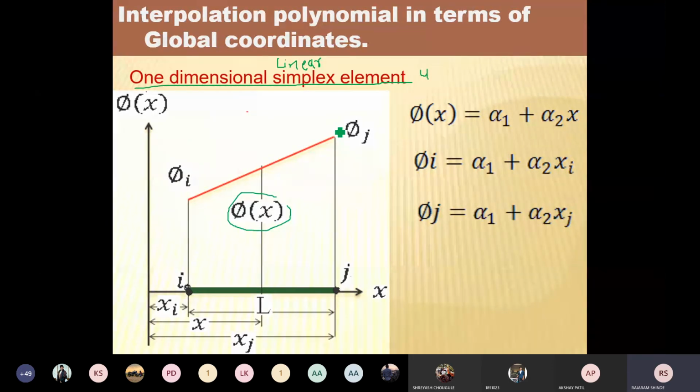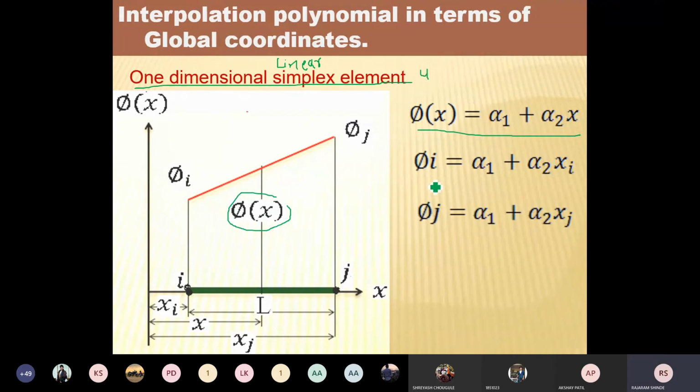This field variable varies with the equation alpha 1 plus alpha 2 x. As it is linear, we are using a linear interpolation polynomial. Here alpha 1 and alpha 2 are the two generalized coordinates, which we need to find. For this we use the equation at the nodes.